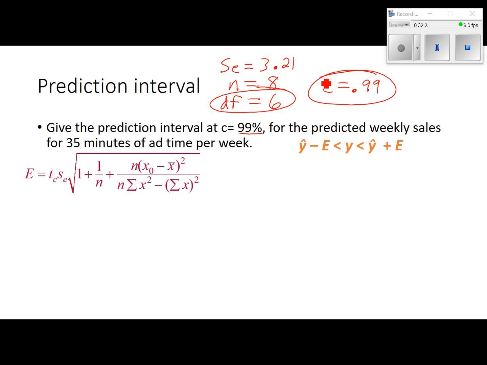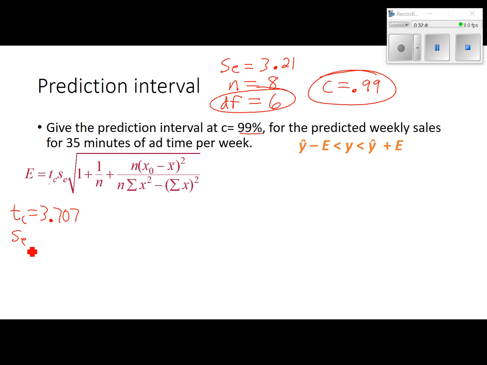So we go down to 6. And our C is 99. That's our confidence level. So we go over to 99. And it looks like it's 3.707. So that's our TC right here. Our critical value, our TC, is 3.707.